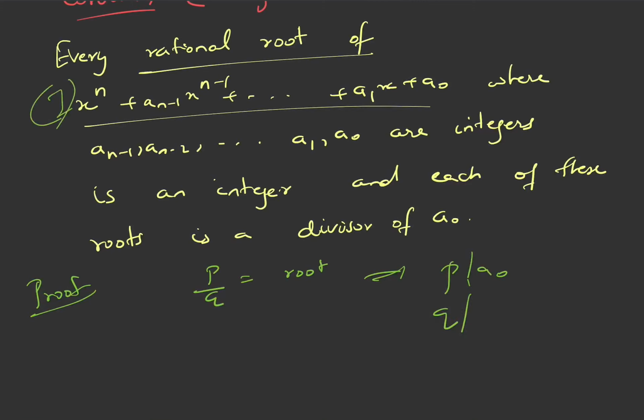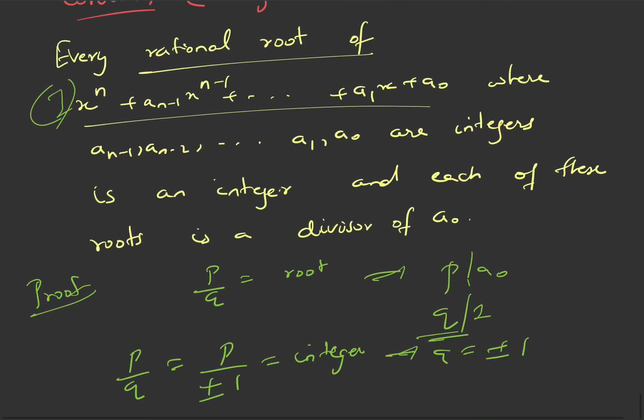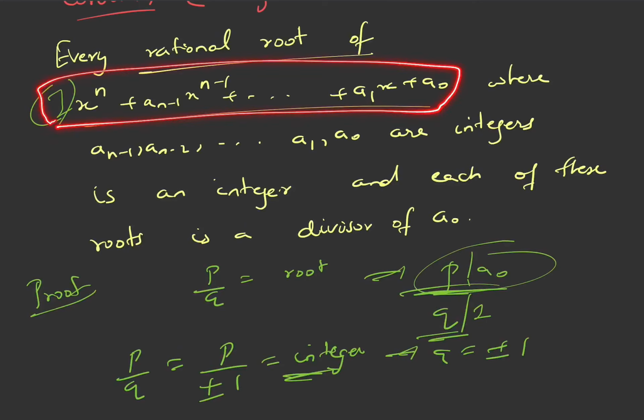This means that p should divide a naught, and q should divide the leading coefficient a n. Here a n is 1, so q should divide 1. So it means q is plus minus 1 only. Then p by q is nothing but p by plus minus 1. So this is an integer itself, right?